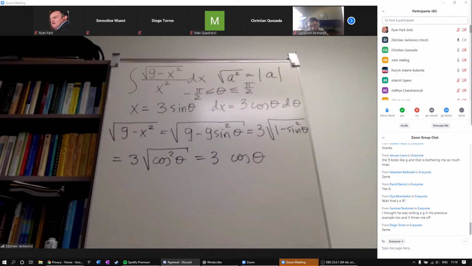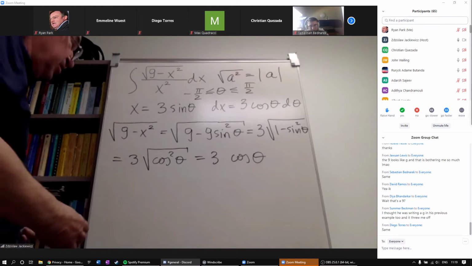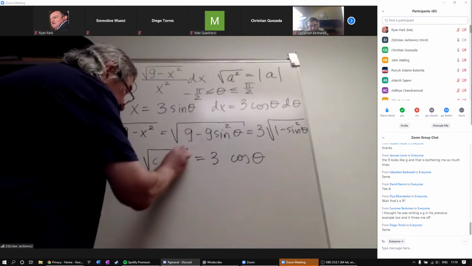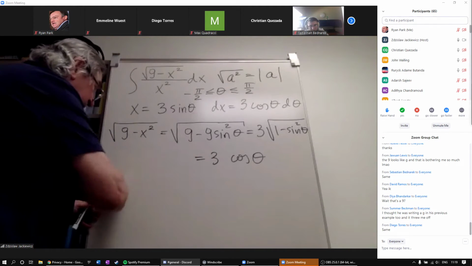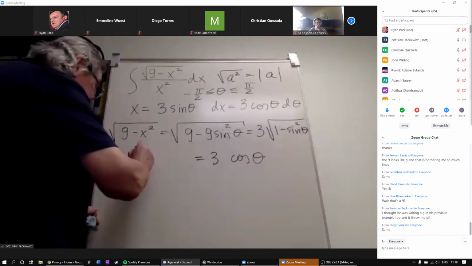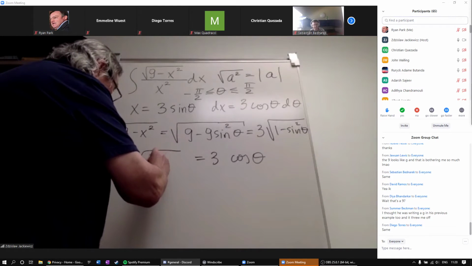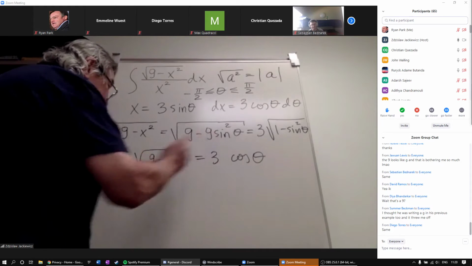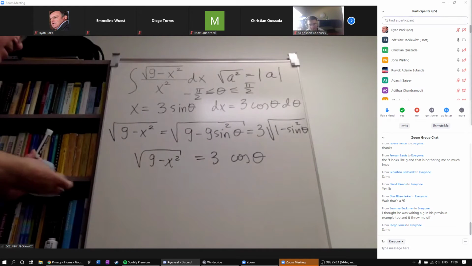So square root of 9 minus x squared is 3 cosine theta.